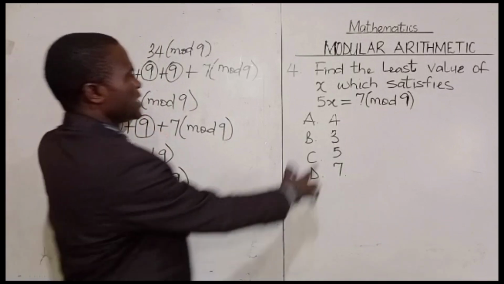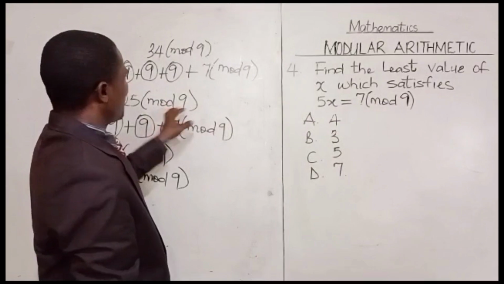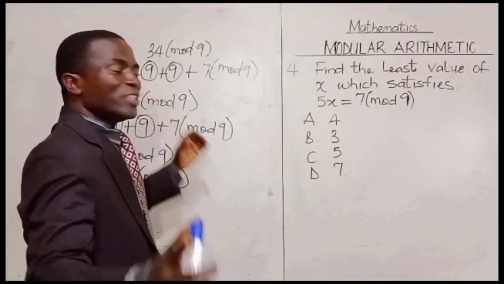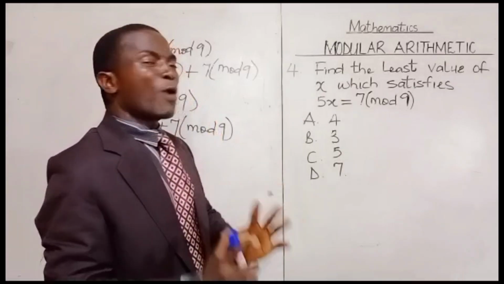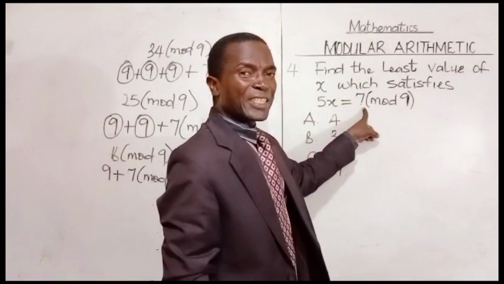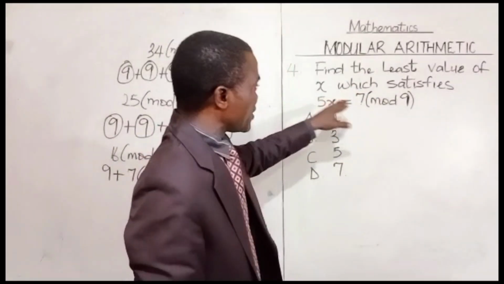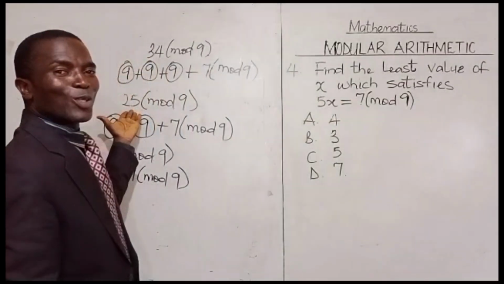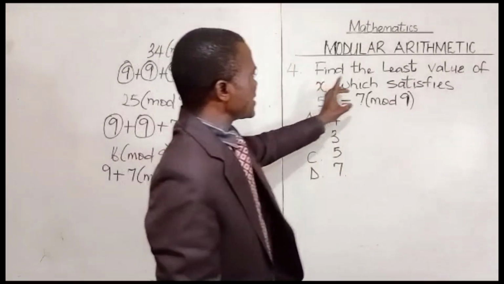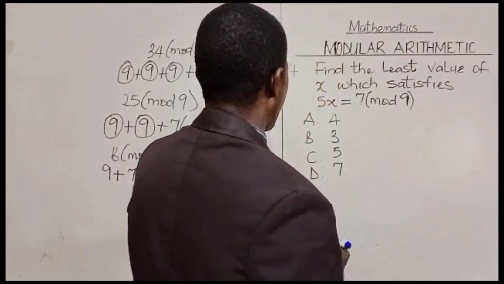If I replace 7 modulo 9 with 25 modulo 9, 5 can easily go inside 25. So the most appropriate value that has the same equivalence with 7 modulo 9 and will be able to divide 5 is 25. So 25 will be the most appropriate value I'm going to use to replace 7 modulo 9. And now let us see what will happen.